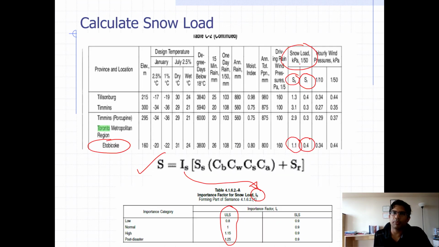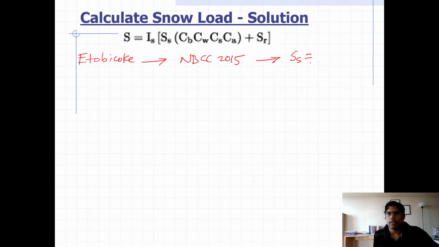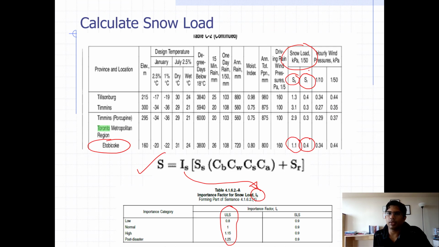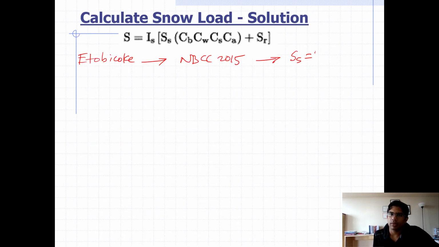What is the unit? The unit is kPa, kilopascal, and SR is 0.4. Once again, SS equals 1.1 kPa, and SR equals 0.4 kPa.